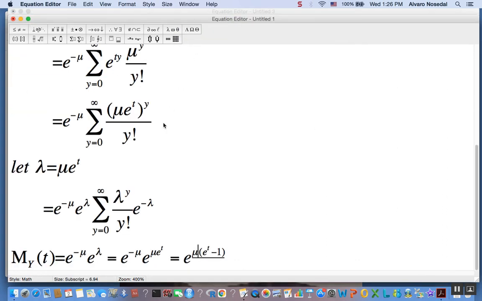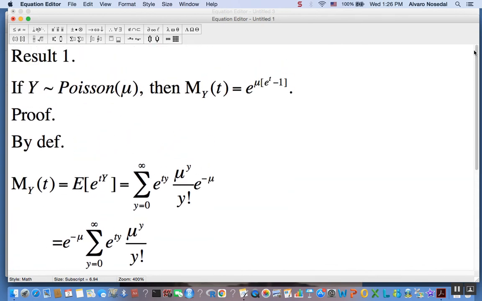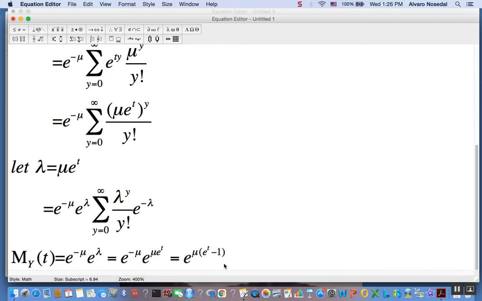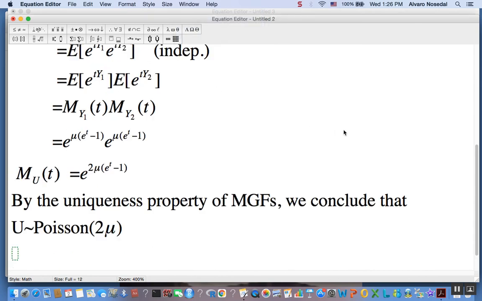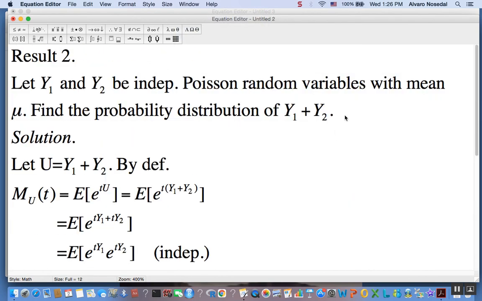So let's summarize what we did here. First, we found the MGF of a Poisson random variable, given by that expression. We did it because the second result has to do with the distribution of a function of 2 random variables that are Poisson.